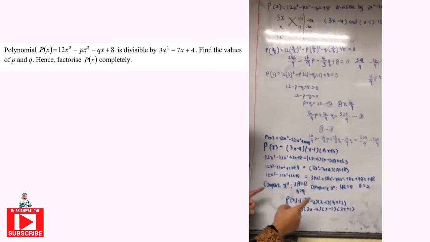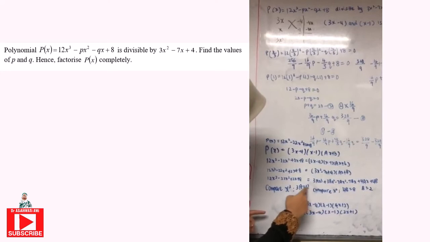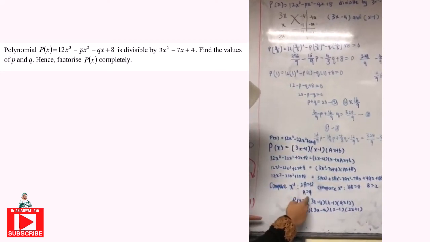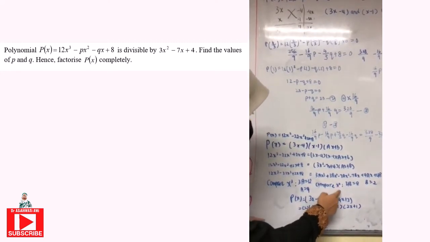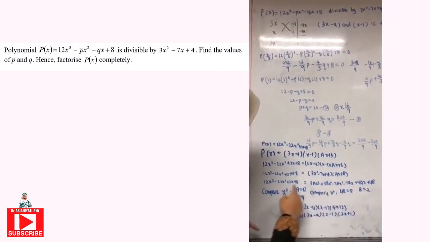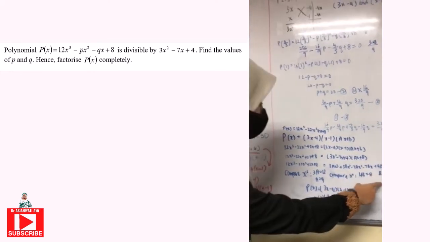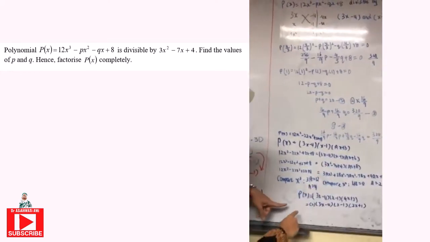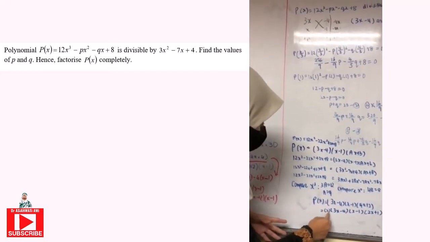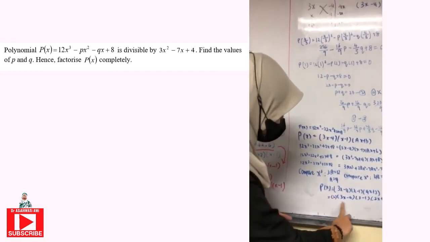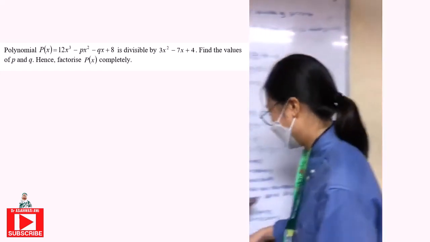Then we compare the x cubed. So we compare 3a equals 12, and then we get a equals 4. Then compare the constant, 4b equals 8, and then we get b equals 2. Then we factor to get 2 in front, so we get it like this. Okay, thank you.